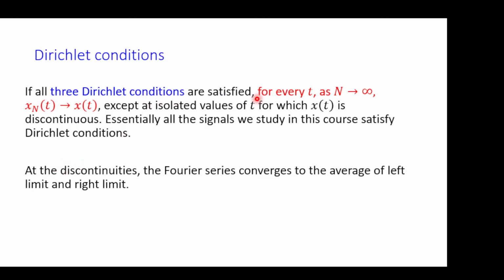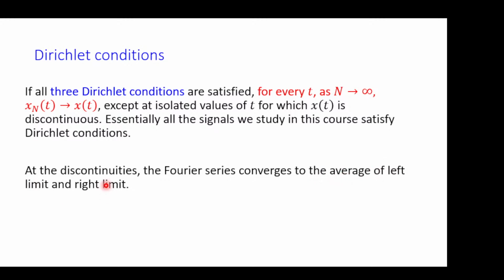At the continuous part of the signal, your series will converge to your true signal, and at the discontinuity, it does the logical thing it should do. Your Fourier series will converge to the average of the left limit and the right limit.